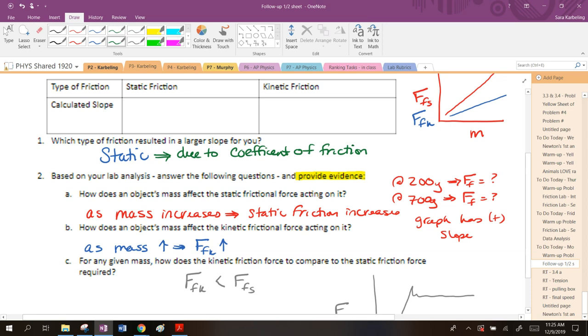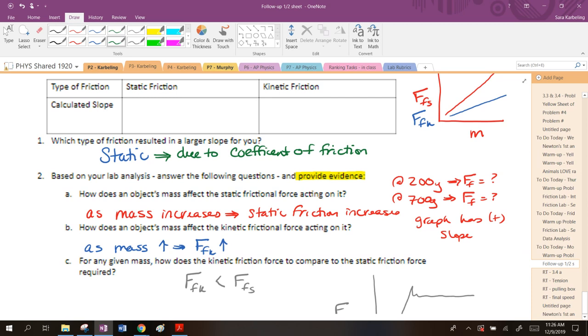The coefficient of friction is a number that describes how sticky or slippery two surfaces are moving relative to one another. Okay? Think of yourself with your shoes walking on grass versus walking on ice. In which case do you have less friction?